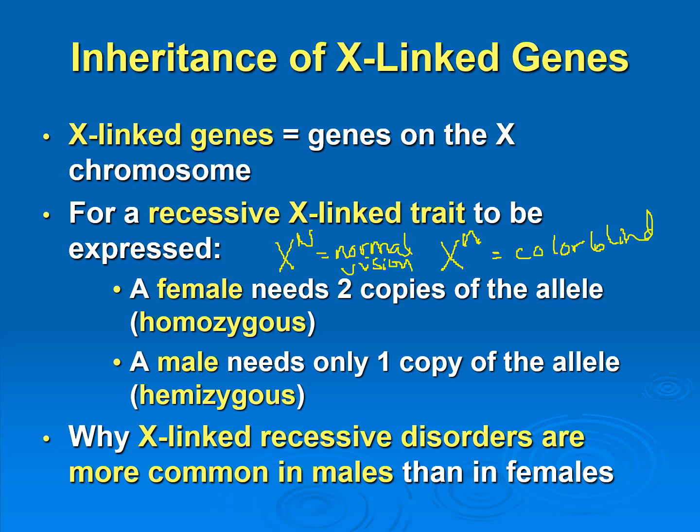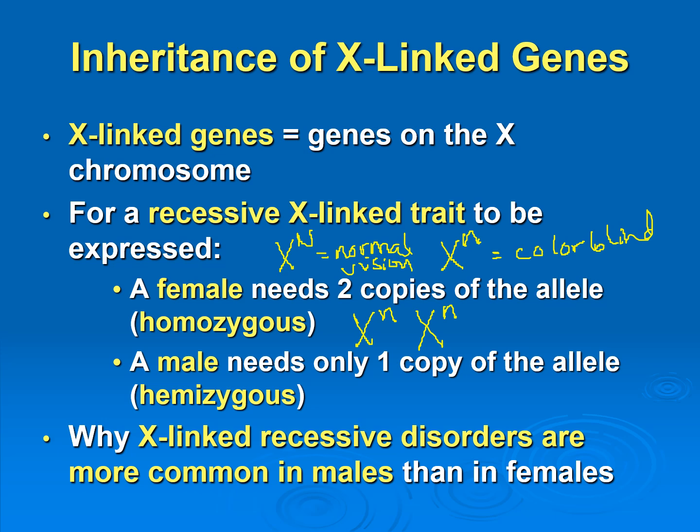So in order for a woman to be colorblind, she would have to inherit 2 copies of the recessive allele on the X chromosome. So she would have to be homozygous for that recessive allele.